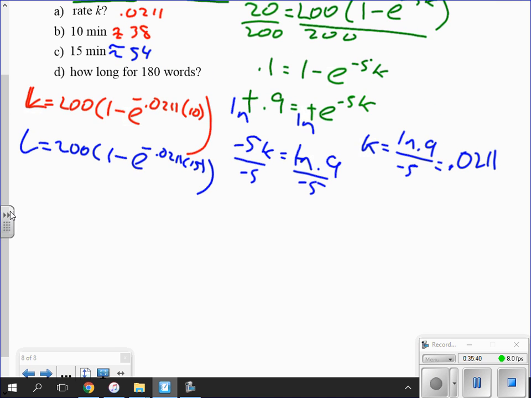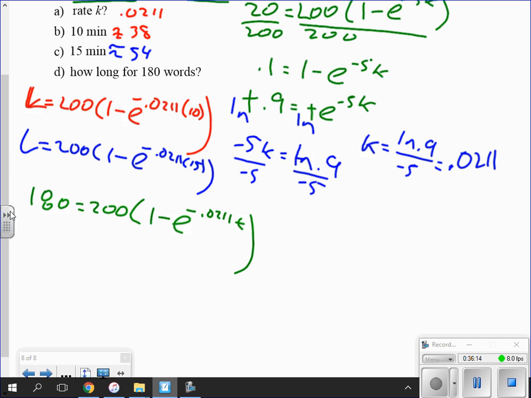Well, let's set it up. For the last one, you have to set it up. 180 equals 200 times 1 minus e to the negative 0.0211 t. This is one where knowing how to solve it using exact values is extremely helpful. You do the exact same thing you did on the first problem, only you're solving for t instead of for k.